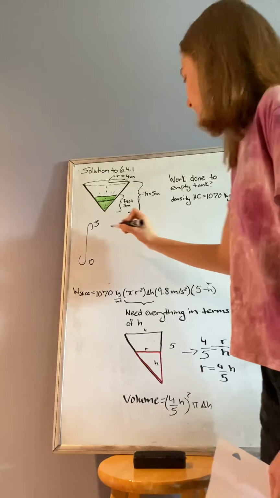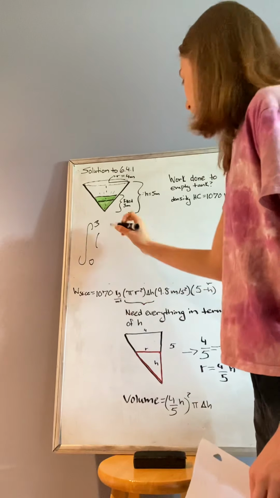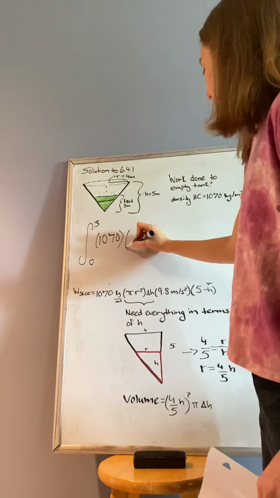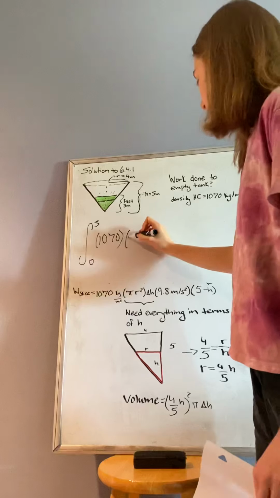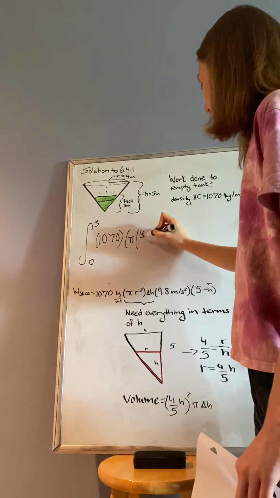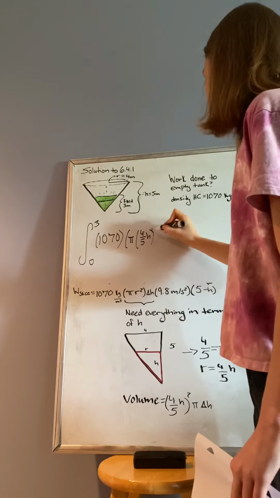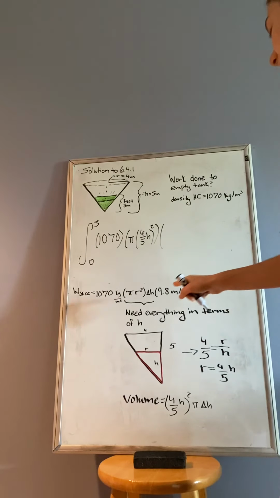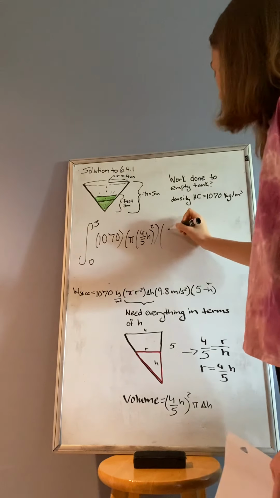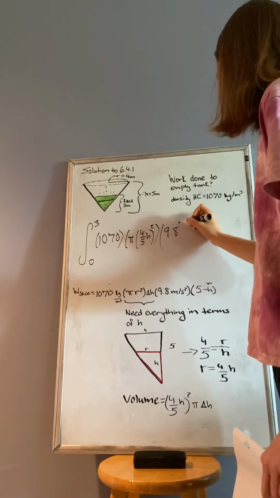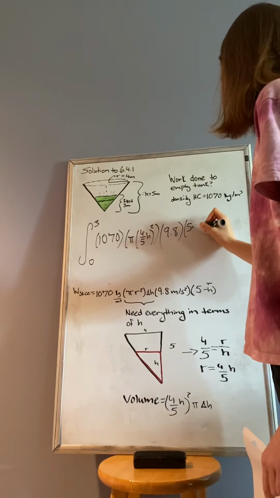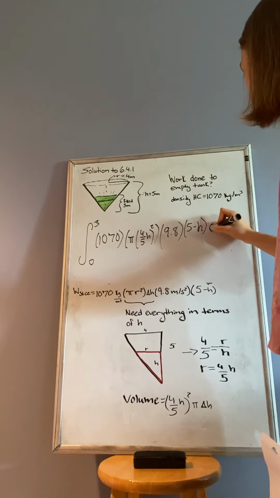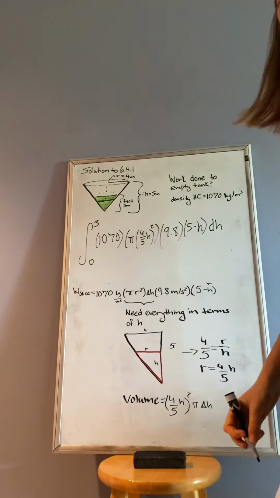Those are our bounds. And then we're going to do our density. And then we will have the volume, which is (4/5 h) squared. And then we are going to have our acceleration due to gravity, which is our 9.8. And of course our distance, which is 5 minus h. And then we are going to have this in terms of h. So we have our dh.